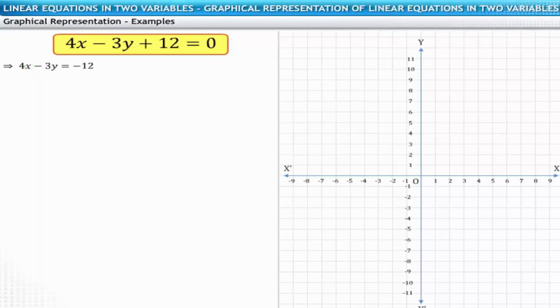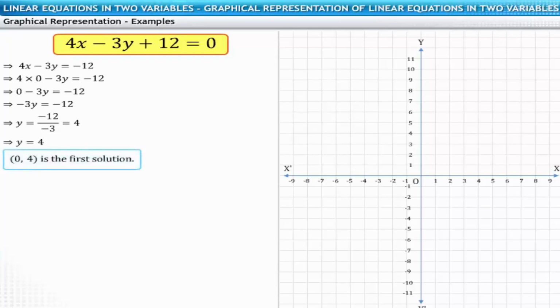Please take note of the simplification steps. The value of y obtained is 4. Thus, 0, 4 is the solution of the equation 4x minus 3y plus 12 equals 0.